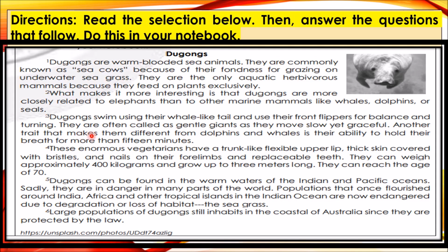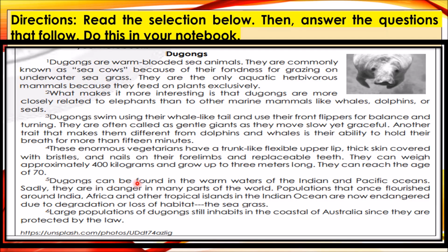Another trait that makes them different from dolphins and whales is their ability to hold their breath for more than 15 minutes. These animals, vegetarians, have a trunk-like flexible upper lip, thick skin covered with bristles, and nails on their forelimbs and replaceable teeth. They can weigh approximately 400 kilograms and grow up to 3 meters long. They can reach the age of 70.